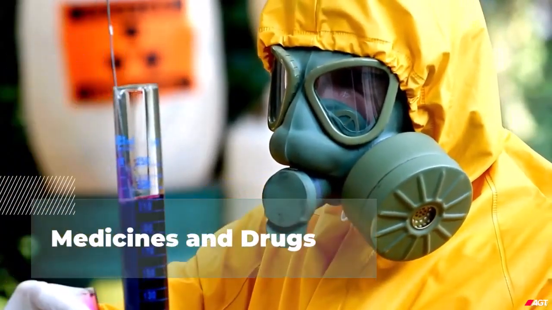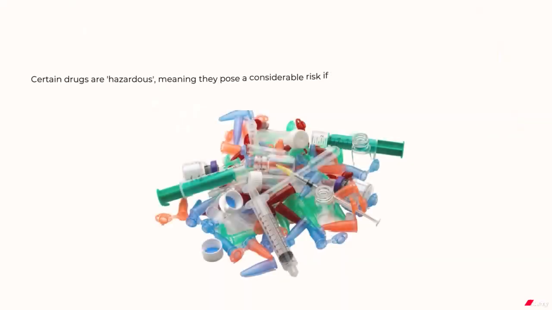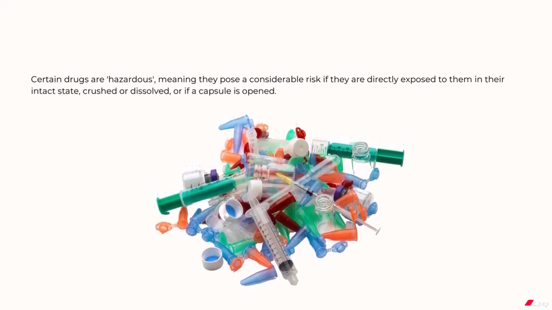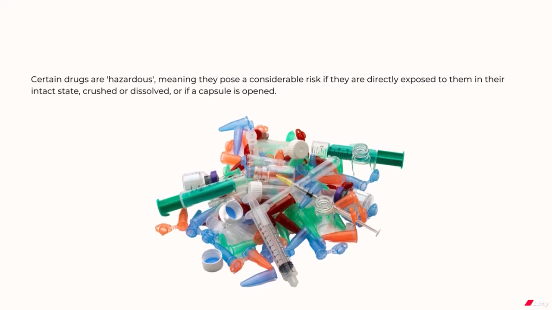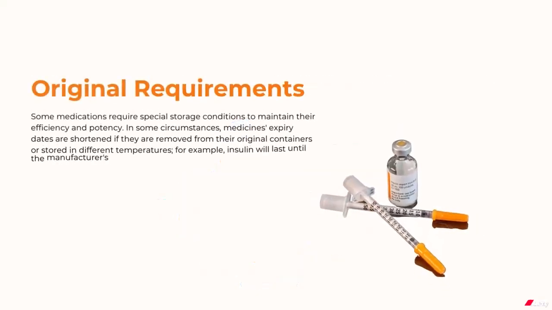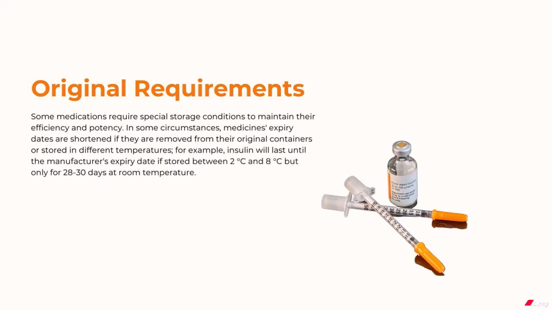Medicines and drugs. Certain drugs are hazardous, meaning they pose a considerable risk if they are directly exposed to them in their intact state, crushed or dissolved, or if a capsule is opened. Original requirements. Some medications require special storage conditions to maintain their efficiency and potency.